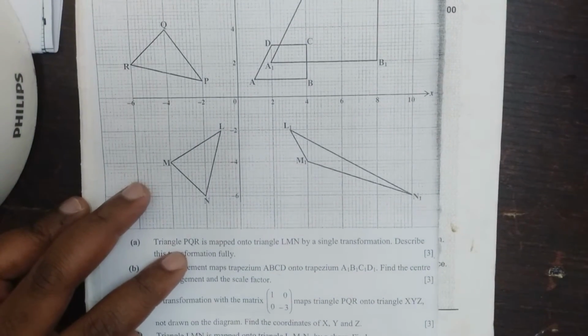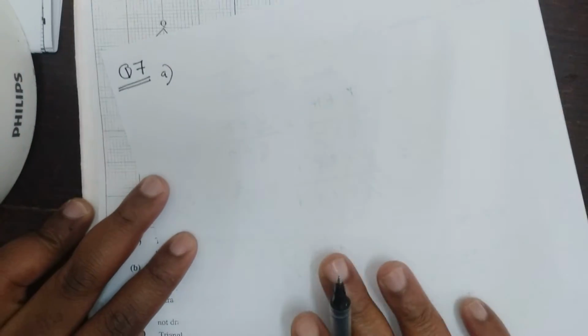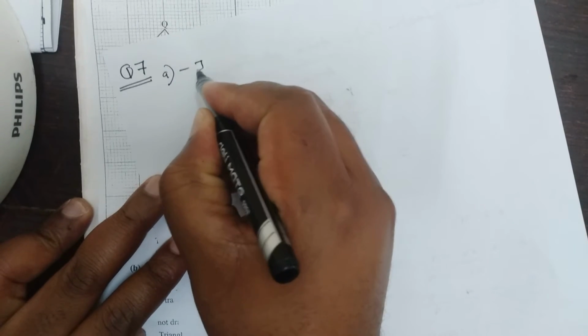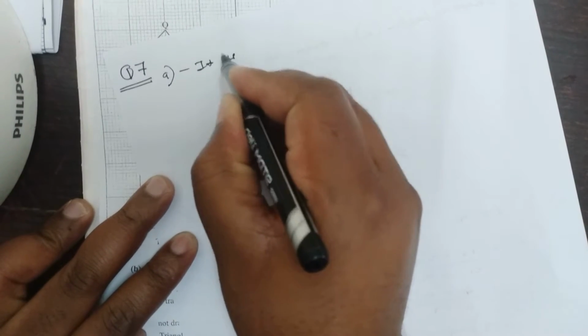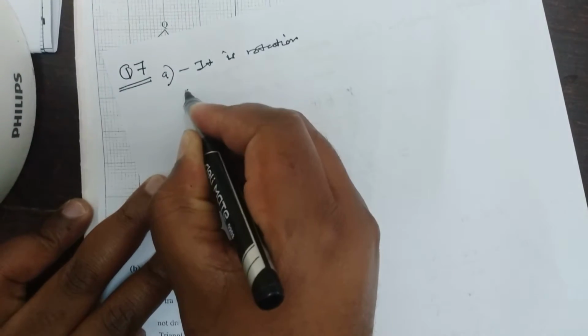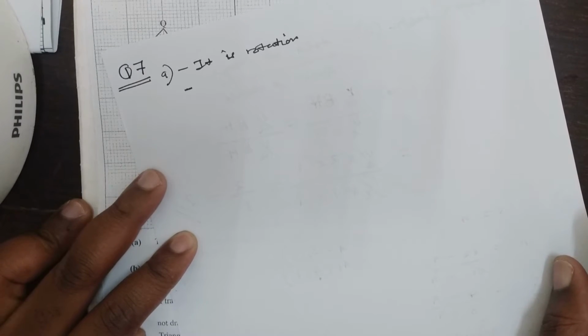But for you to describe the rotation fully, you must mention that it is a rotation, and you need to give the center of rotation, the angle, and the direction.